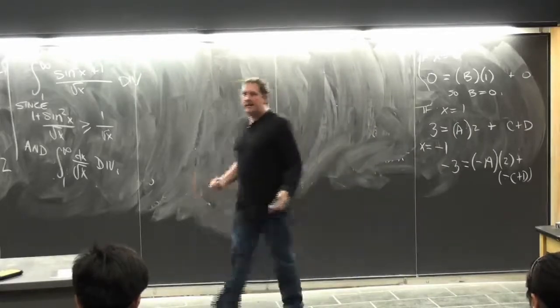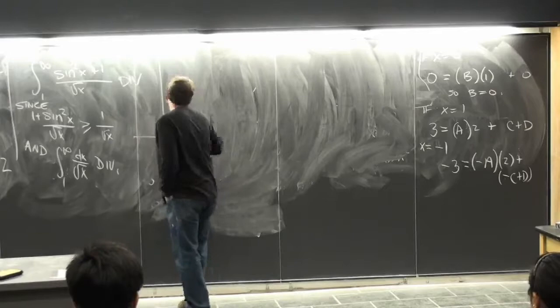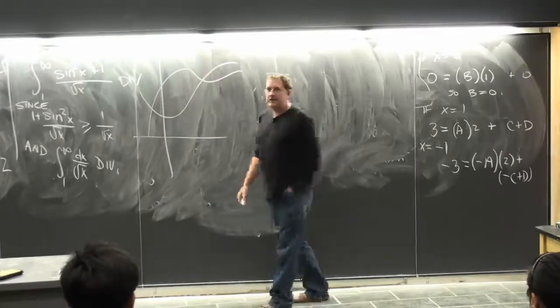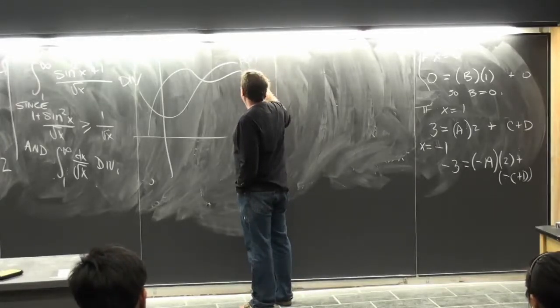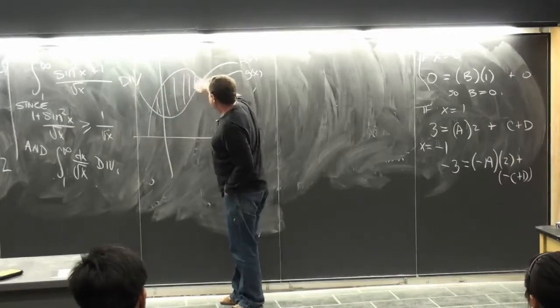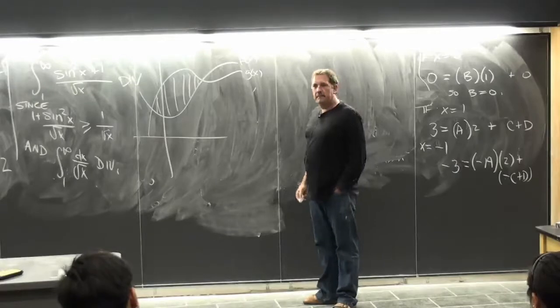So these problems are pretty easy. If we have two functions, f and g, then the area between them is just the integral of the top minus the bottom.